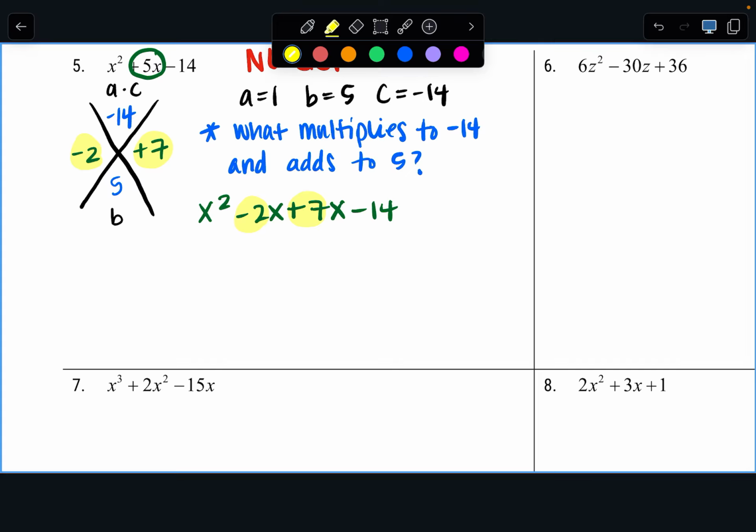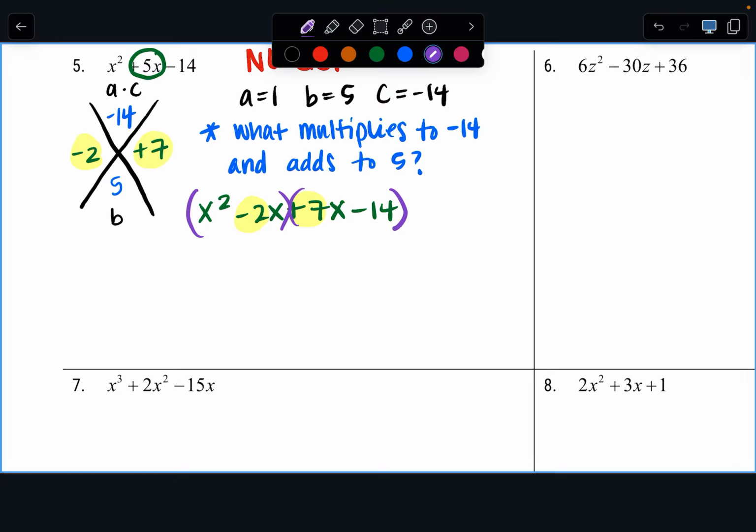Couple of hands. Okay. For 4-term grouping, I'm going to group the first 2 together, and I'm going to group the last 2 together. First 2, last 2. What is the GCF of my first group?